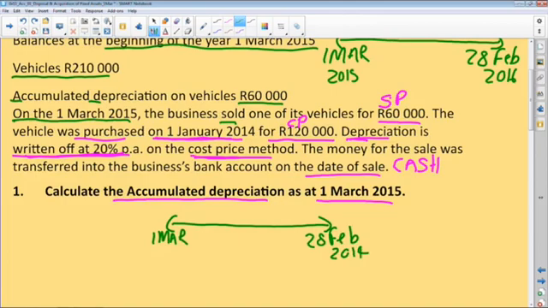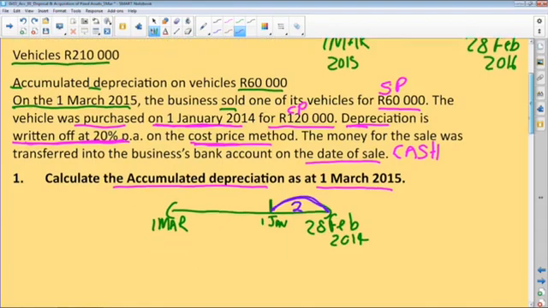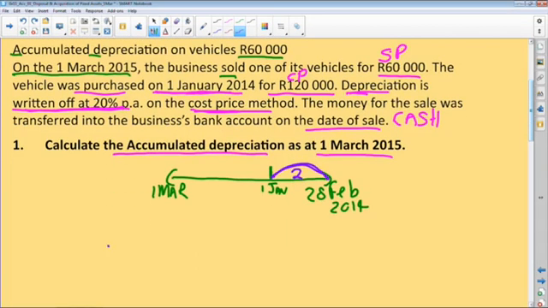So the asset was purchased somewhere here on the 1st of January 2014. So immediately I've used the asset for this time frame only. I've used the asset for 2 months. So let's look at our calculation in terms of the first financial year.